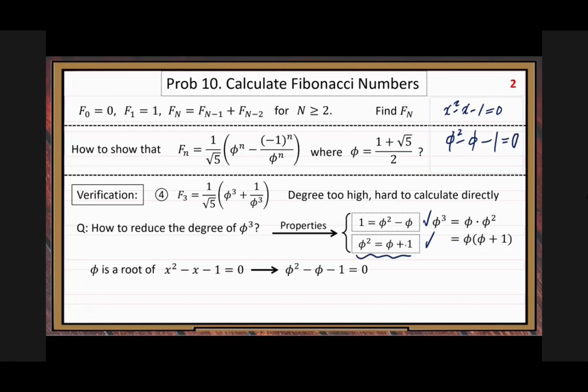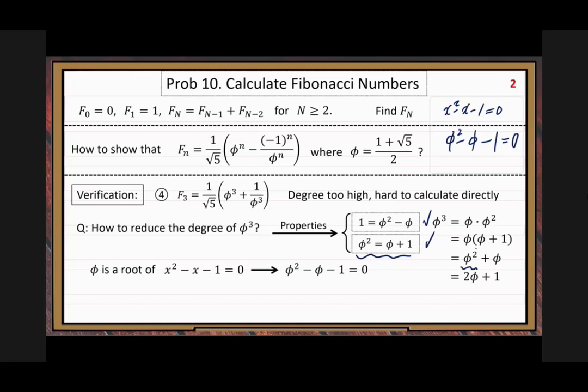Phi times parenthesis phi plus 1. Then multiply through: phi squared plus phi. You see another phi squared term here, so we can replace this phi squared by phi plus 1 another time.